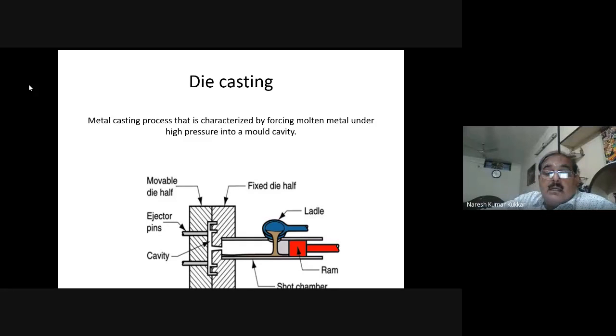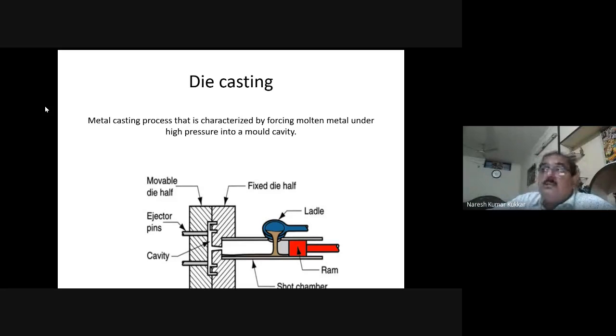Like in here, this is a ladle, and the ladle pours metal into the sort of pipe, and by ram we push that metal forward into some special shapes. One die is movable and one die is fixed, and that die pushes the metal to create the shape, and then cutting is done from the upward side.